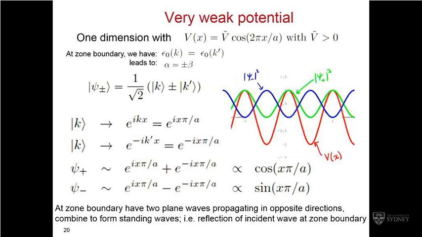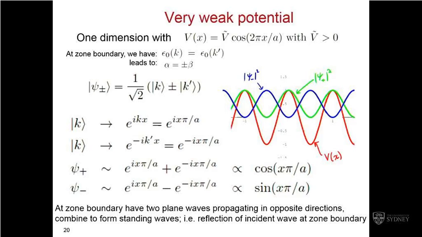I won't bother doing it; it's kind of straightforward, you can test for yourself. You put alpha equal to plus beta into the secular equation, and you'll find that it solves the equation. You put alpha equal to minus beta, and you also find that it satisfies the equation. So these are basically solutions.